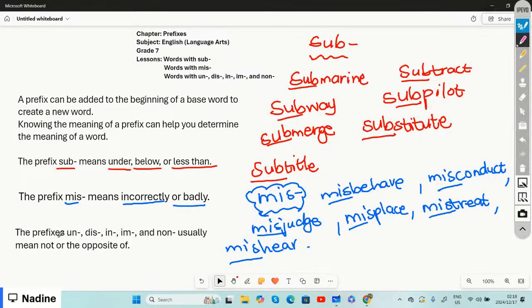And then we have the prefixes un, dis, in, im, and non. And if you look at those words, right, these words usually mean not, or the opposite of. So it either means not or it means the opposite of.